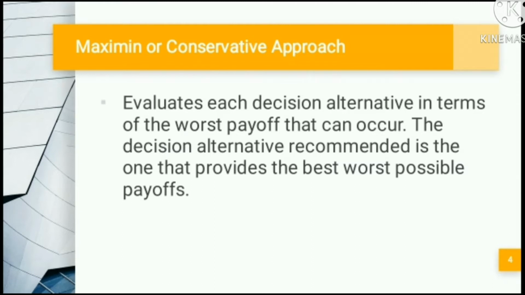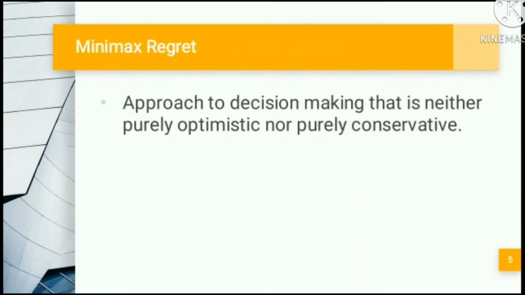For problems involving minimization, this approach identifies the alternative that will minimize the maximum payoff. While minimax regret is an approach to decision making that is neither purely optimistic nor purely conservative.